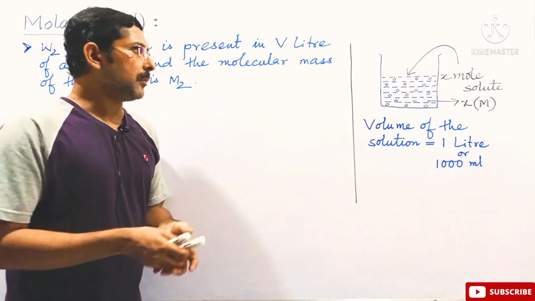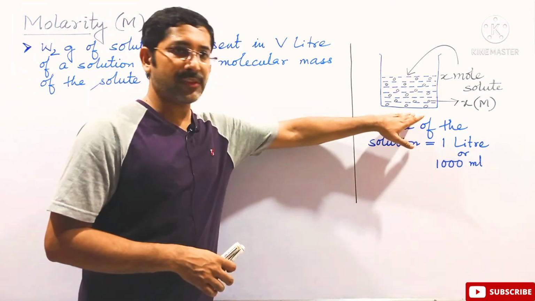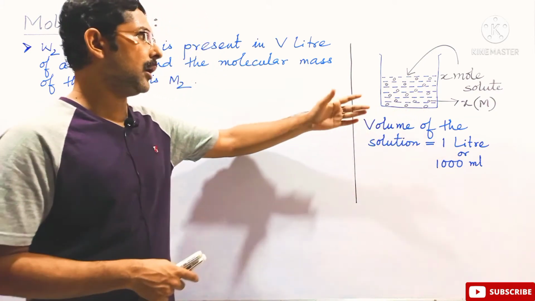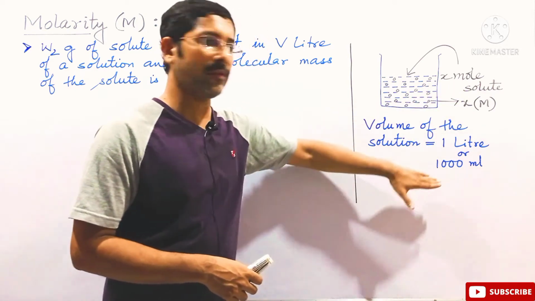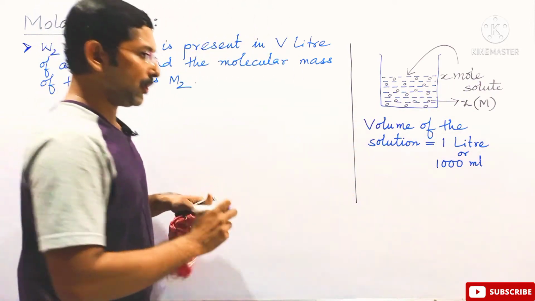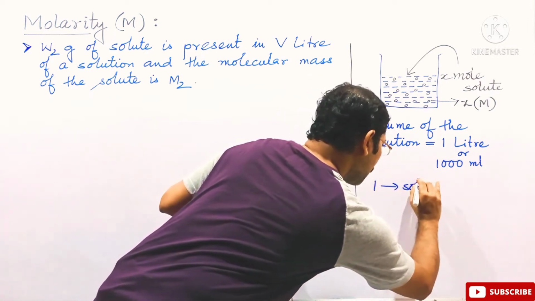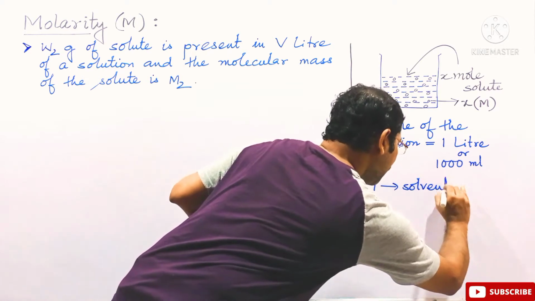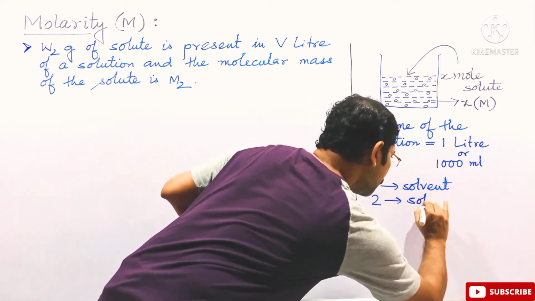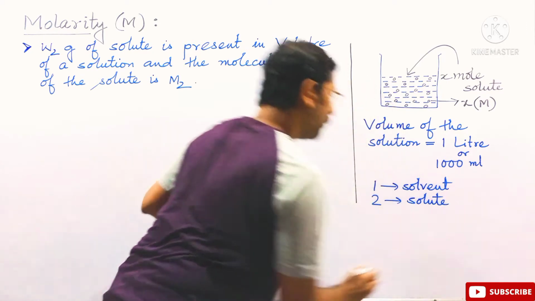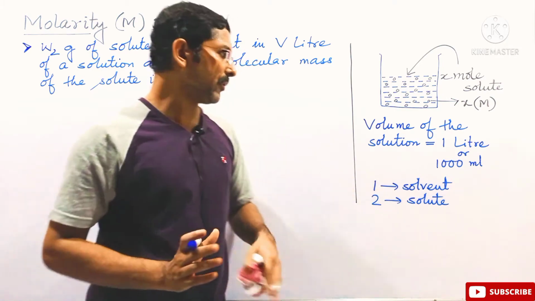It is a general convention, not a mandatory fact. For a normal binary solution, a solution where two components are present, one is solute and the other is solvent, 1 stands for solvent and 2 represents solute. It is a normal convention which is followed in all standard books.